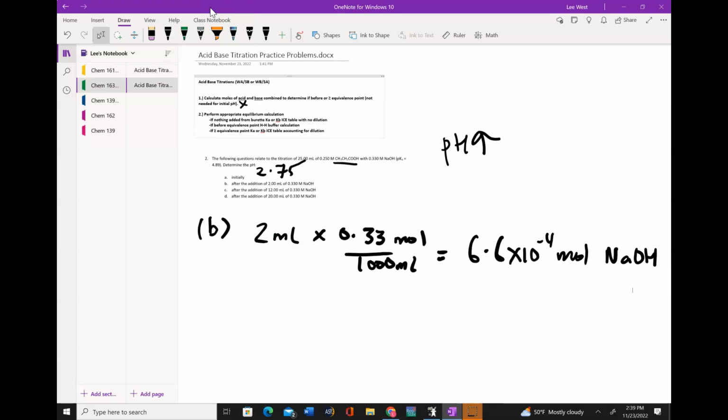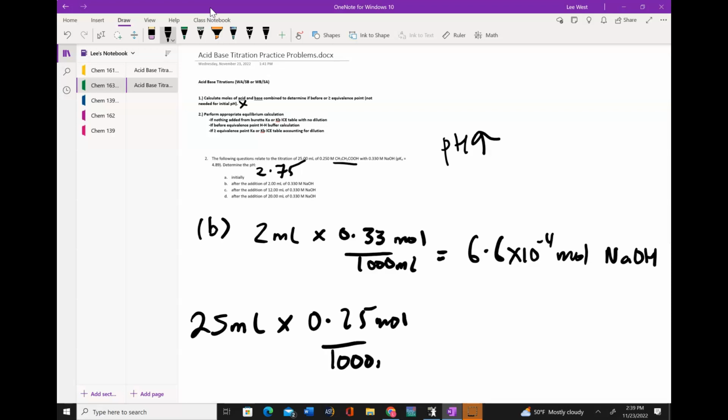Now we're going to calculate our amount of acid, and like I said, that's not going to change, so you don't have to keep calculating this throughout. We've got 25 mL of that, and it is 0.25 moles for every liter.